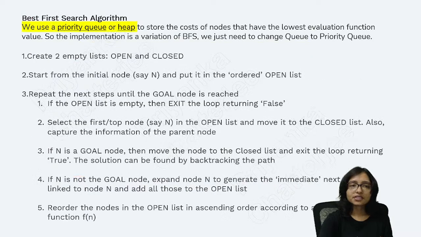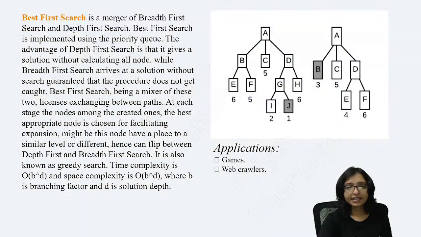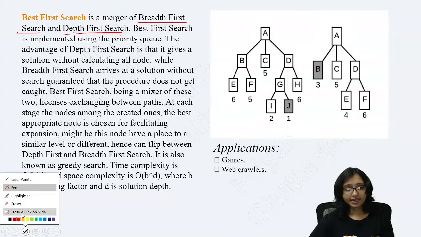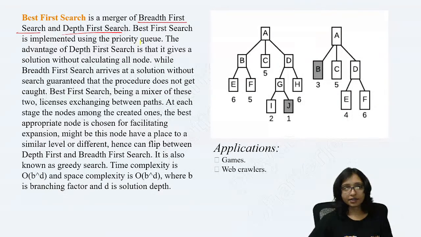So, best first search, yesterday you understood very clearly and I hope there is no doubt now. What was the concept of best first search? Best first search was the combination of breadth first search and depth first search, right? We learned that best first search is implemented with a priority queue and gives the solution without calculating all the nodes.